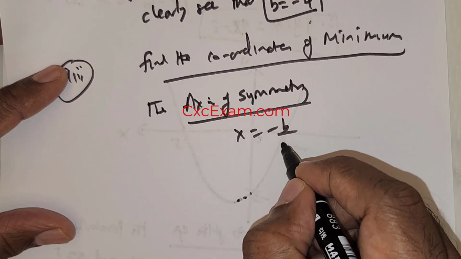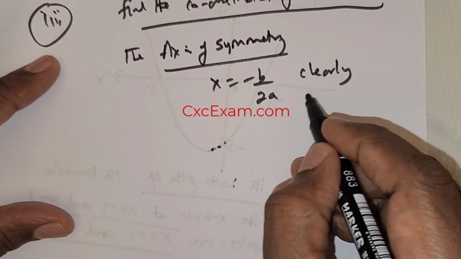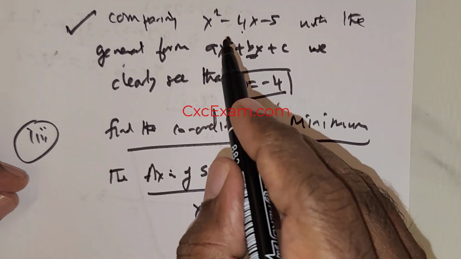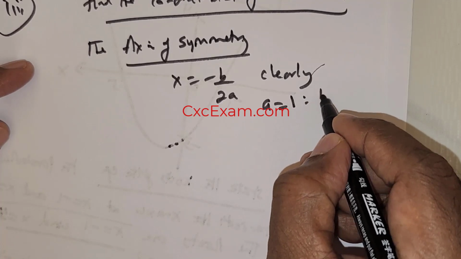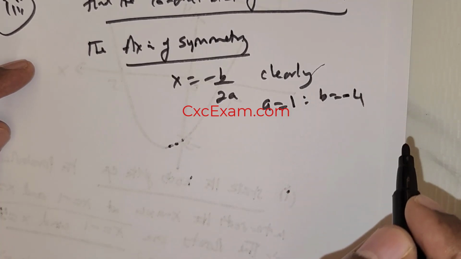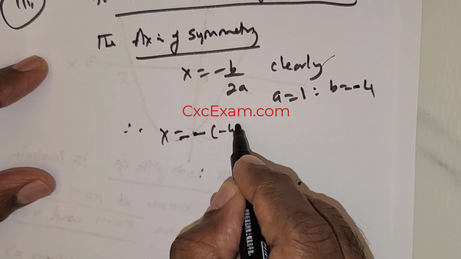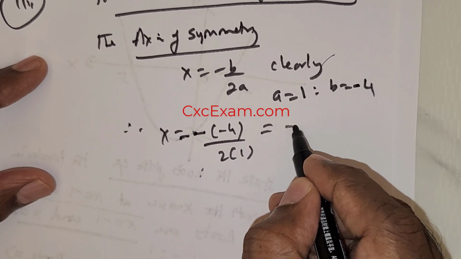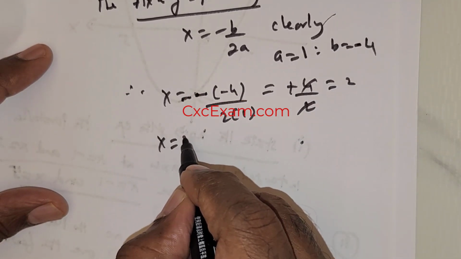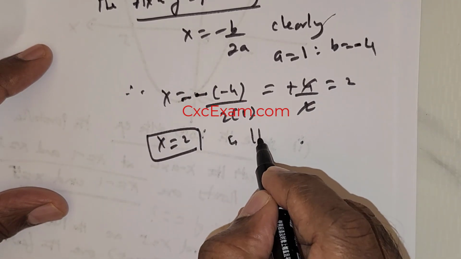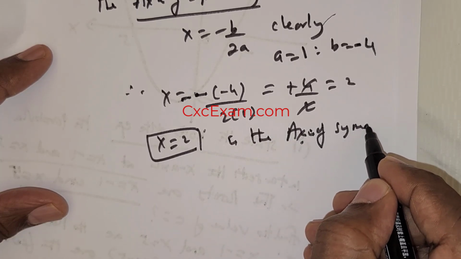X is equal to -b over 2a. Now clearly the value of a, what is the value of a? A is equal to 1, b is equal to -4. So therefore x is equal to negative of -4 divided by 2 of 1, which is positive 4 divided by 2, which means x is equal to 2. So x is equal to 2 is the axis of symmetry.